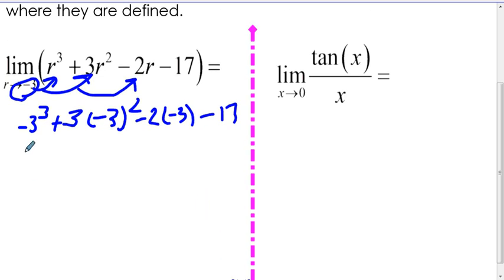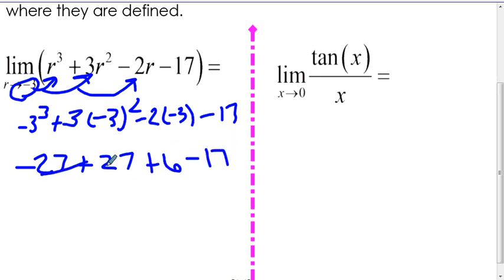So we've got -3 cubed, which gives us -27. -3 squared gives us 9, times 3 gives us 27. -2 times -3 gives us +6, and then minus 17. So the 27s cancel each other out, and we've got 6 minus 17, which gives us -11. So the limit as r approaches -3 of r cubed plus 3r squared minus 2r minus 17 is equal to -11.